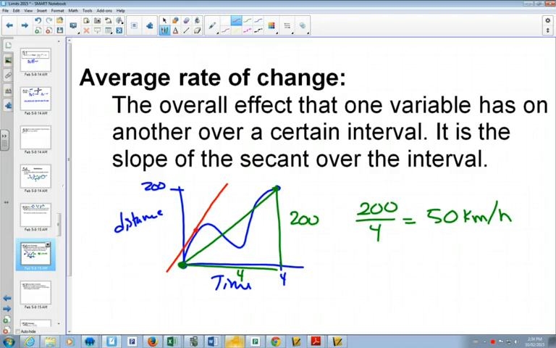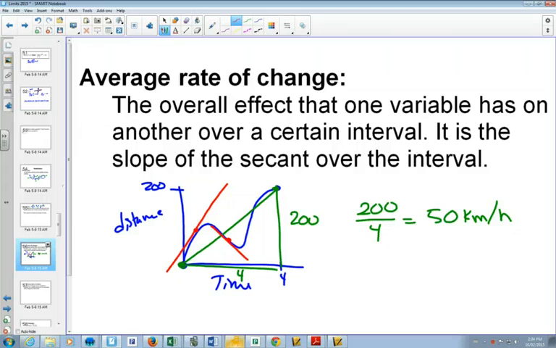If I figure out the rise and run of that red line, that would tell me my instantaneous speed at that point, and I would know how fast I was going, looks like about 45 minutes to an hour into my trip. And then here, say at this point, I would have a negative slope.